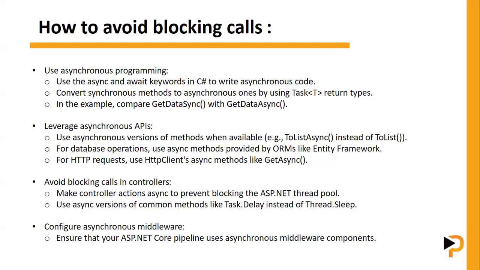Now, how to avoid blocking calls: ASP.NET Core apps should be designed to process many requests simultaneously. Asynchronous APIs allow a small pool of threads to handle thousands of concurrent requests by not waiting on blocking calls. Basically, when we are in a multi-threaded environment, there are scenarios where a thread is waiting for a particular execution.